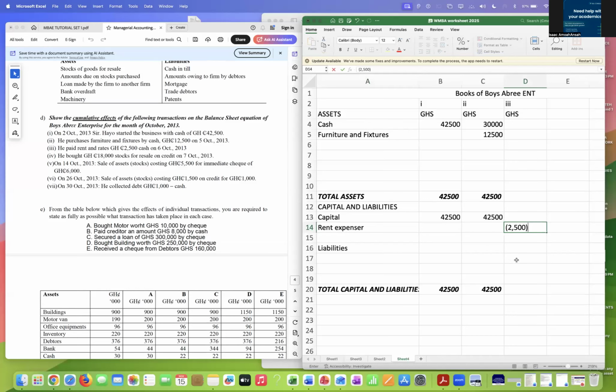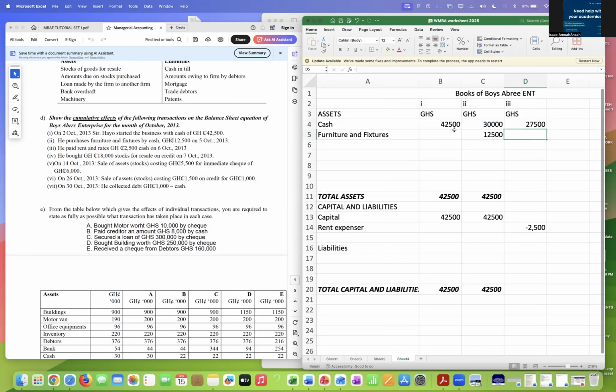We paid the rent in cash. So our cash will see a further decrease. Our cash used to be 30,000, but because we have paid 2,500, our cash will decrease to that effect.